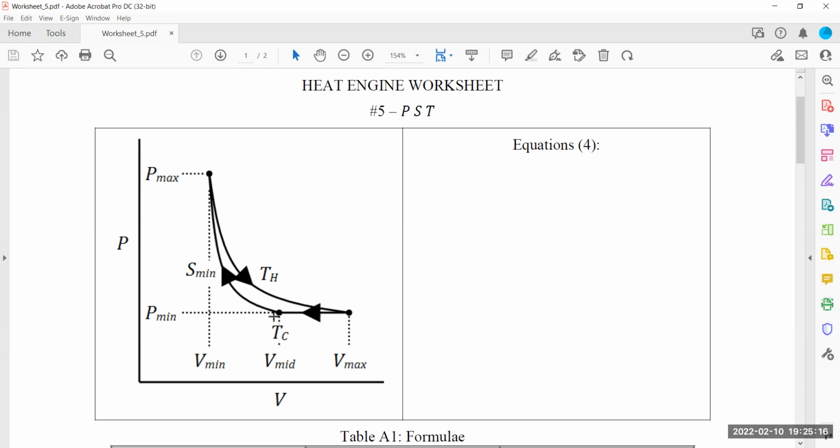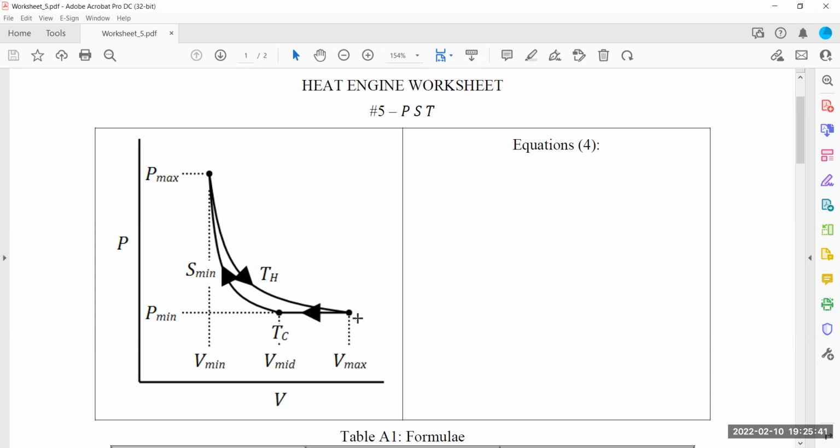In this case, it's an isobaric process. And from Vmid to Vmin, that's an isentropic process or an adiabatic process. And from Vmin to Vmax, the last one is an isothermal process.